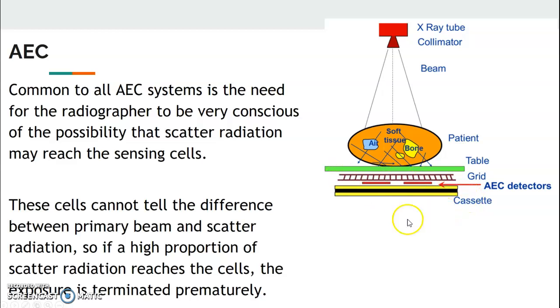So they're only found in your wall bucky or table buckys. Obviously, pretty self-explanatory that there's no AECs in the cassettes themselves. But in your wall bucky or your table bucky, the grid comes first, and then the AEC detectors, and then your imaging cassette underneath.